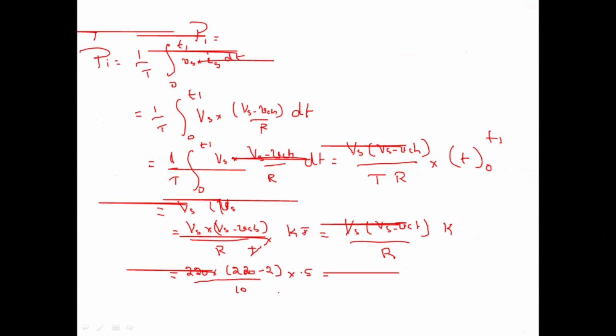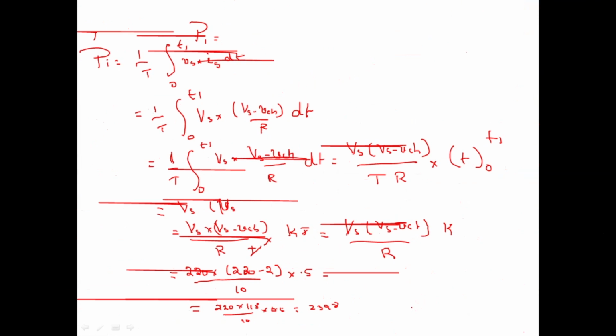So this is 220, 218, divided by 10 into 0.5. This is how much? 2398.